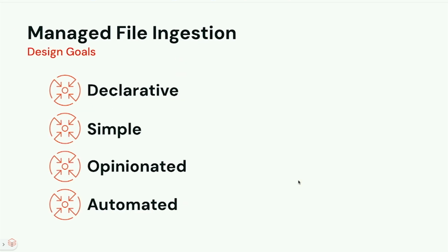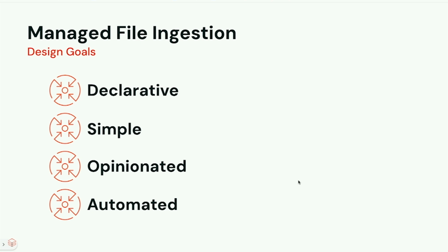So what are the design goals for our connector? First, we want it to be declarative. We want you to focus on the desired outcomes, not the steps to get there. We want it to be simple. We don't want everyone to become an Auto Loader expert or DLT expert or an expert in all the other related technologies. I know that many people just want to get their job done and move on.